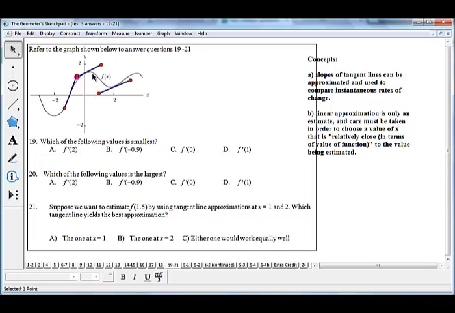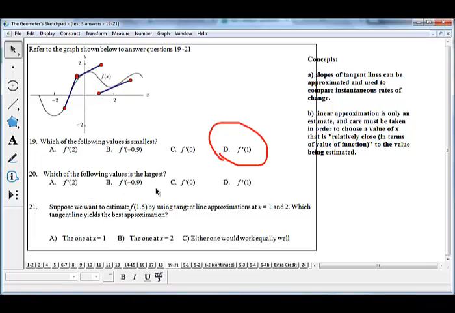Well, here's 1, and the second derivative actually is not looking at the slope of the line at that point, although the slope of that line would be negative anyway, so that would be the smallest, but the concavity is also negative. So the answer for the first one there is D, because that is the smallest, it's the only one that's negative. You can see all three of these are negative.